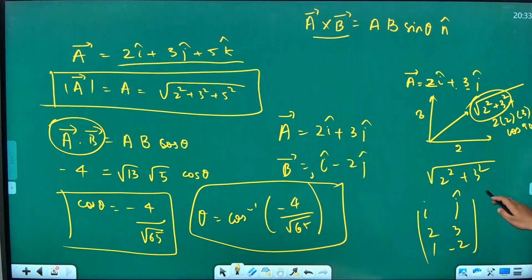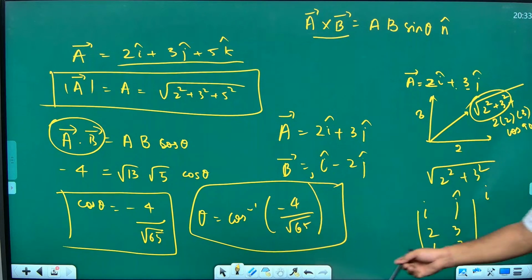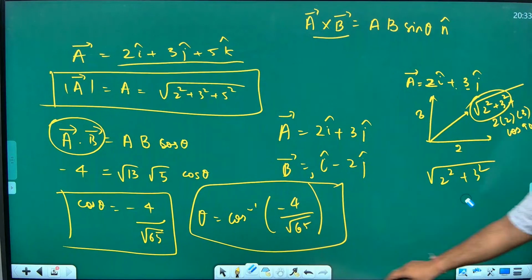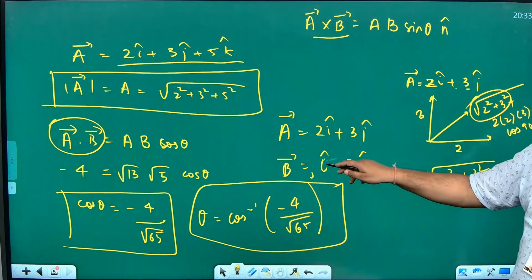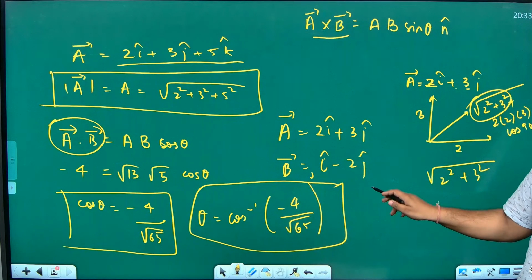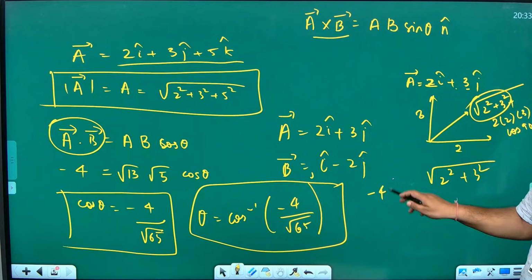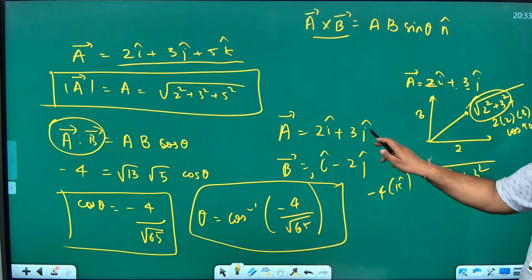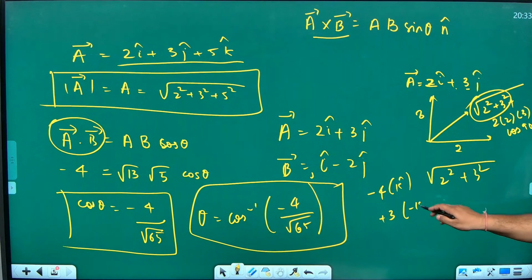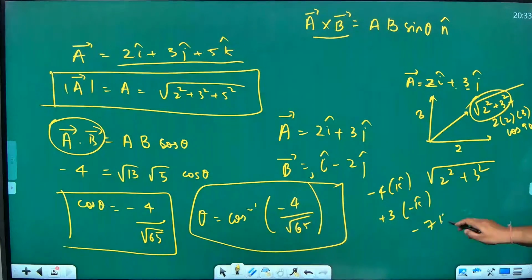Here we can easily do it. 2 into 1 will become 0 because i cross i is 0. 2 into minus 2 will become minus 4, i cross j will become k, and 3 into i will become plus 3, j cross i will become minus k. So minus 7k, isn't it? So we know the value of A cross B.